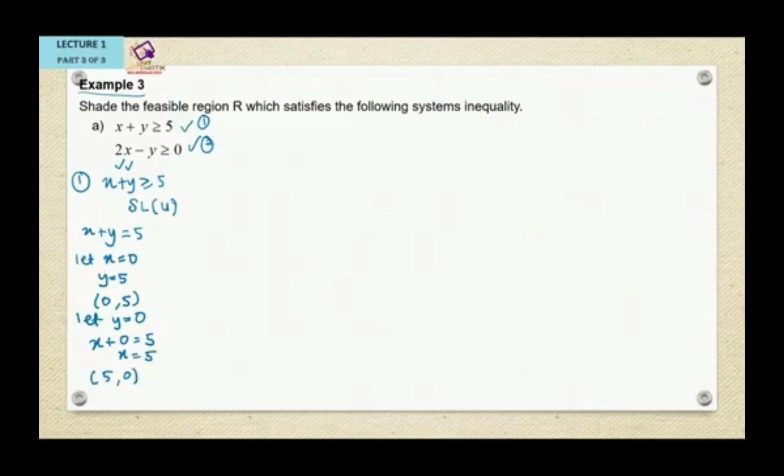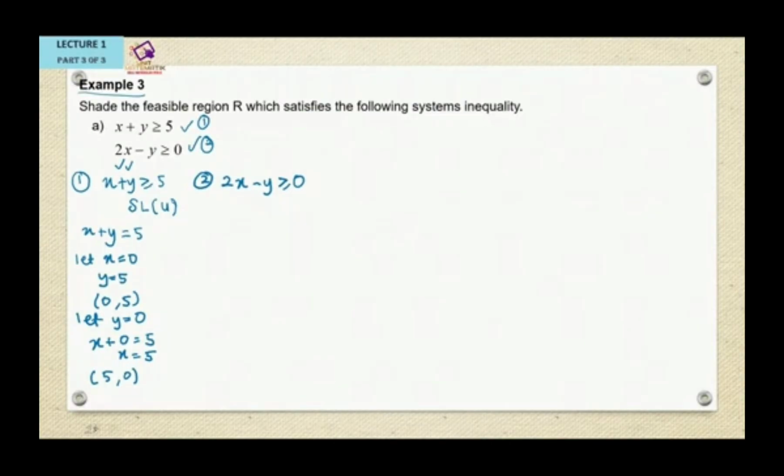Next, for the second inequality, we have 2x minus y greater than or equal to 0. You just repeat the same steps. First, you need to ensure that your y is on the left hand side and it is positive. For the second inequality, we have negative y.